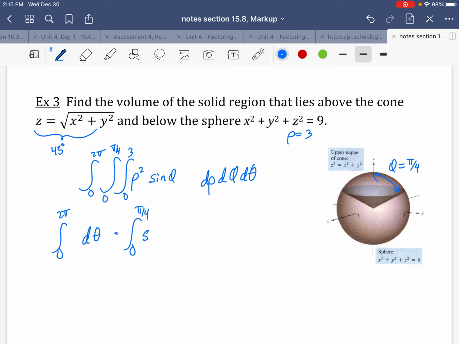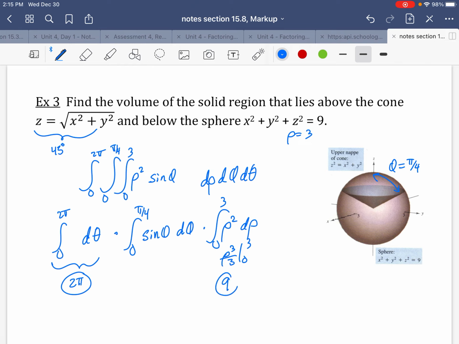For my phi, I have sine phi and d phi. And then I have rho squared, 0 to 3, and I have d rho. Okay, all right, so this one, like we saw earlier, is going to get us 2 pi. Over here, I'm going to get rho to the 3rd over 3 from 0 to 3. So it'll be 27 over 3, which would be 9.